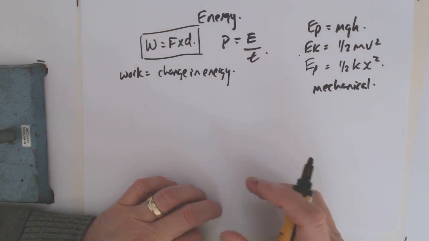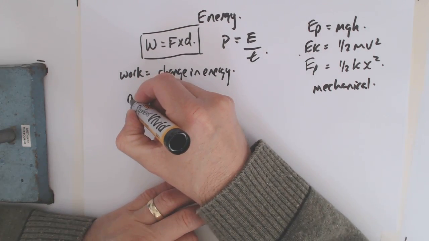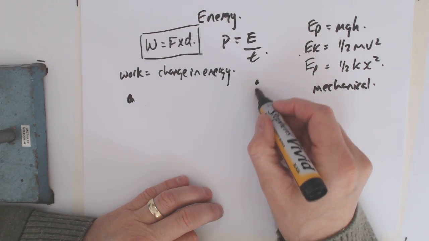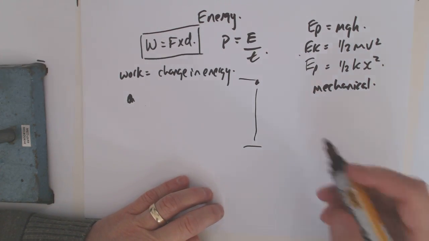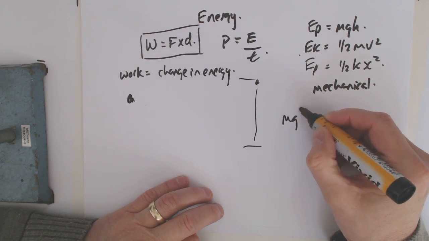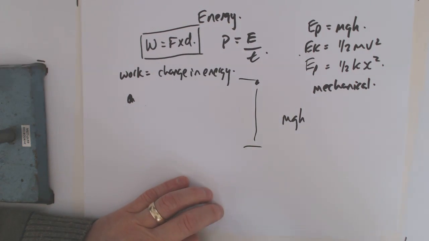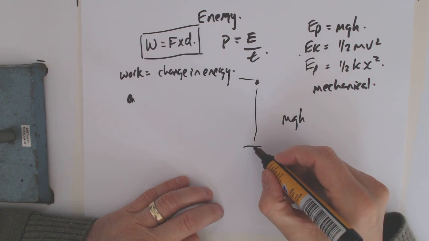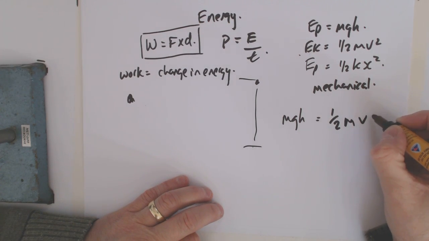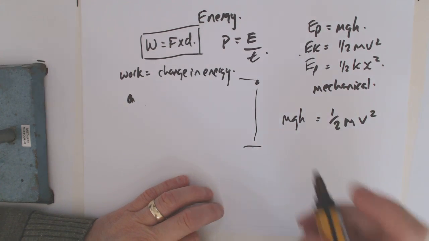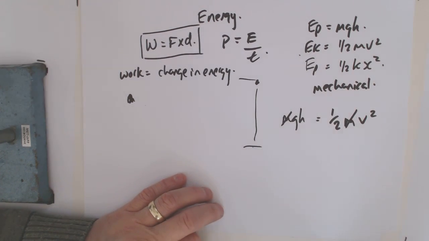So it's a little bit like that one that we do in, again, year 9, where we have an object and it's dropped from a height. And you say, how fast is it going to go? And you go, okay, I know that it's got this much potential energy, mgh. And I know if that all gets converted, then at the bottom here, it's going to have half mv squared as an energy. And you do your cancelling of your masses and you work out your velocity.